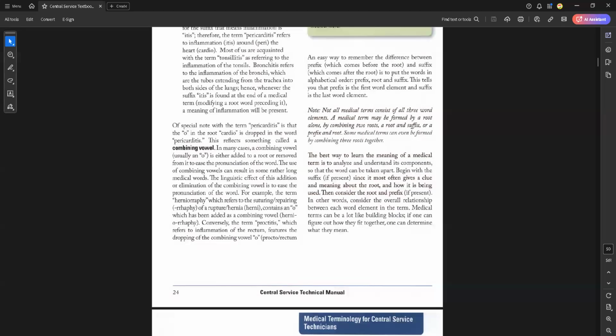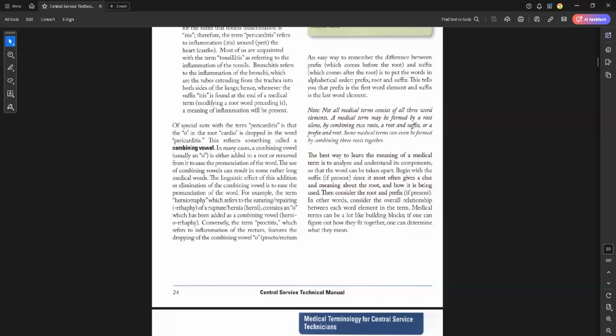And normally, when a word begins with that, we say an orange, an elephant. Now, sometimes for the sake of pronunciation and writing grammar, a vowel can be added or dropped.